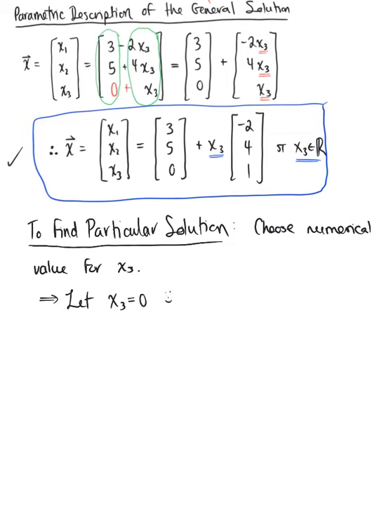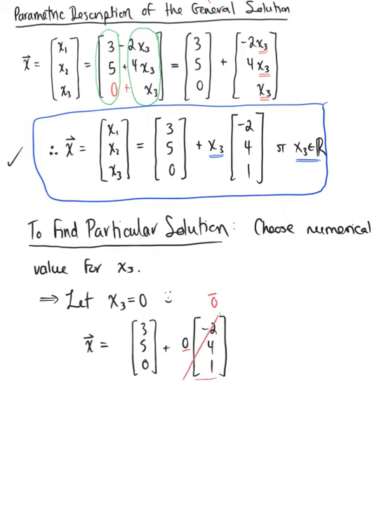Okay, so then one possible solution would be 3, 5, 0 plus 0 times -2, 4, 1. Now be careful here because we're working with vectors. So this 0 times a vector reduces to the 0 vector.